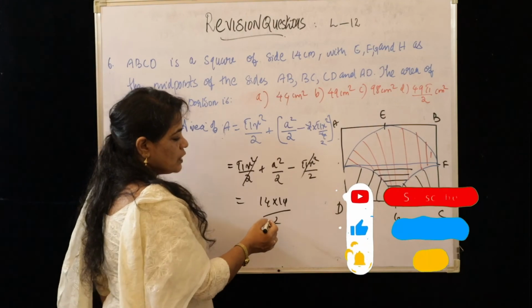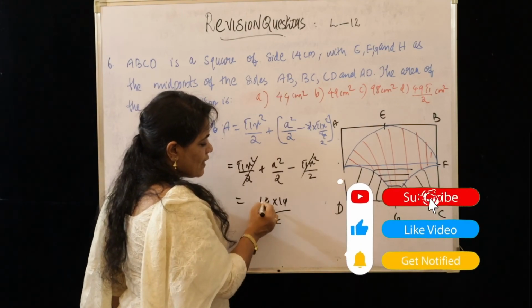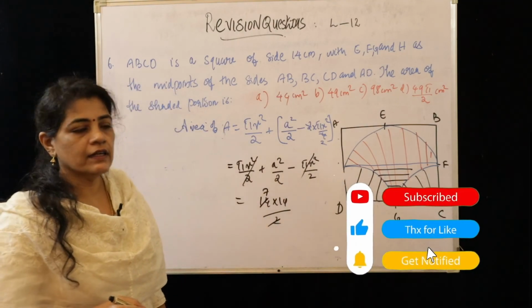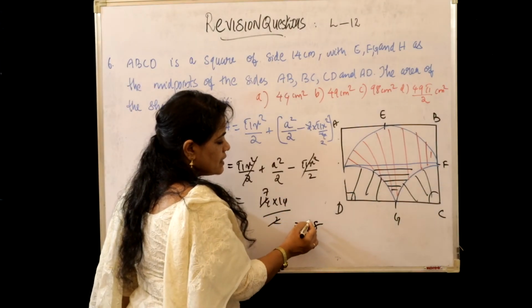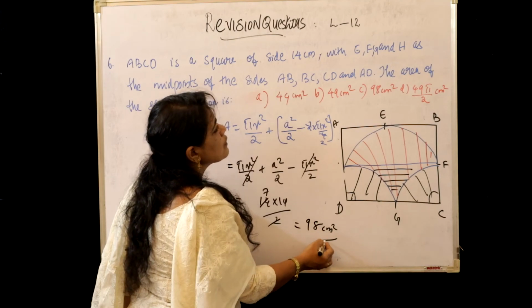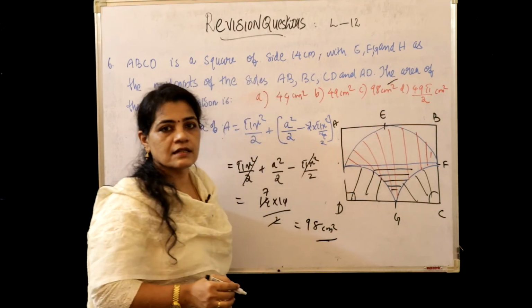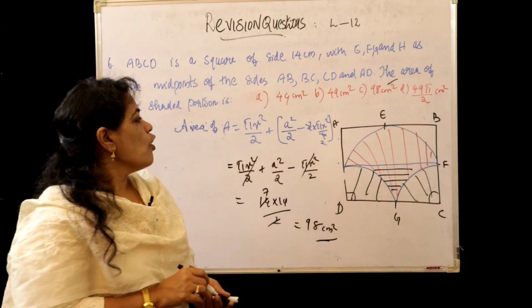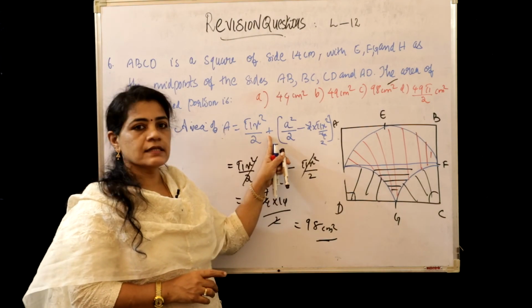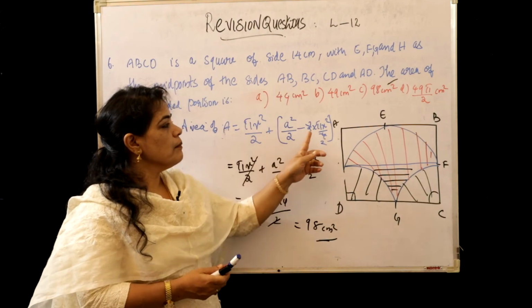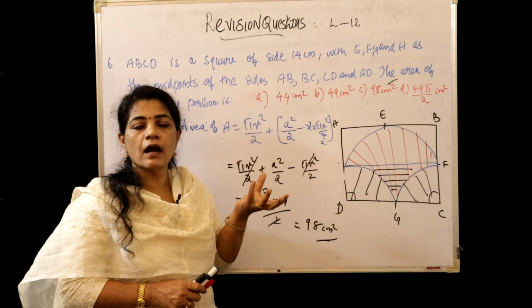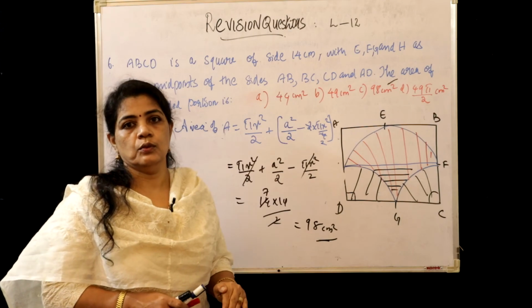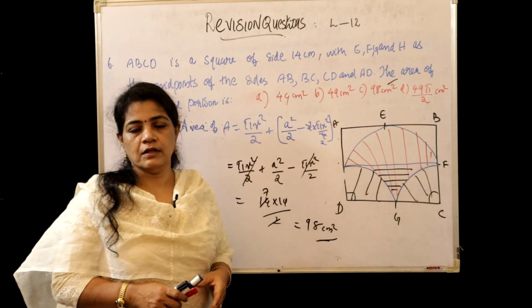You can reduce with 7: 2 in 14 is 7 times, and 7 into 14 is 98 centimeters square. Yes, option C is the correct answer. After opening this bracket, because there is a plus sign, minus pi r square by 2 and plus pi r square by 2 get cancelled, and you will have only a square by 2, which is equal to 98 centimeters square.